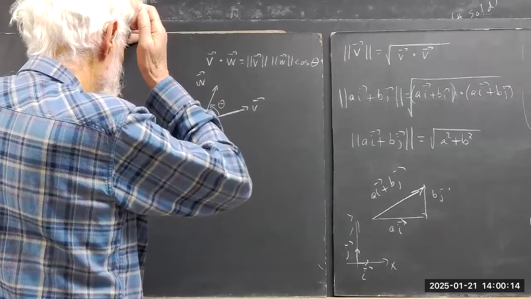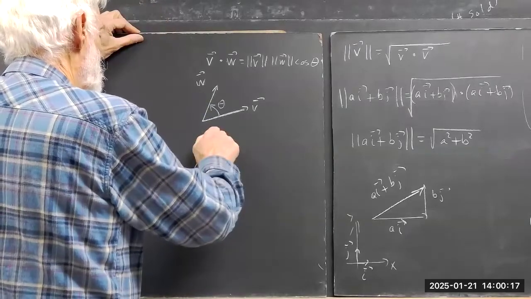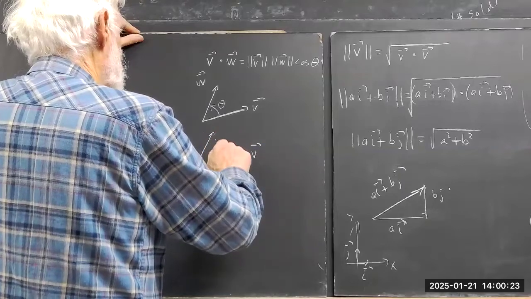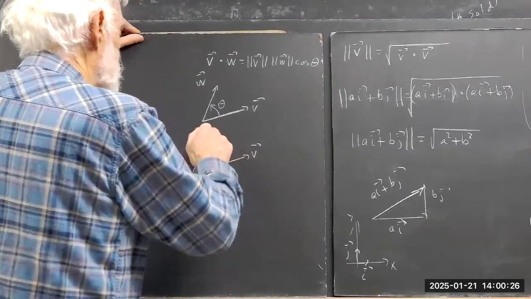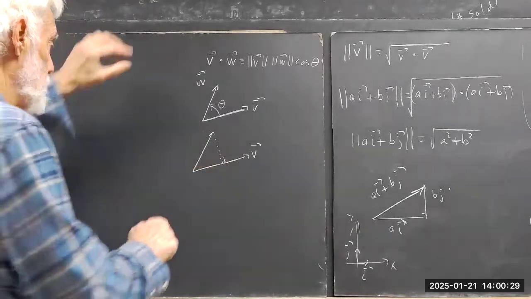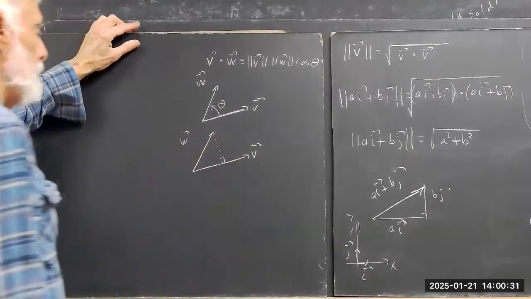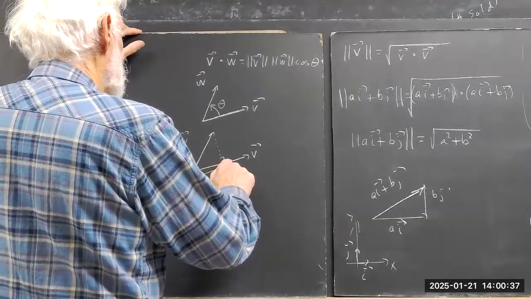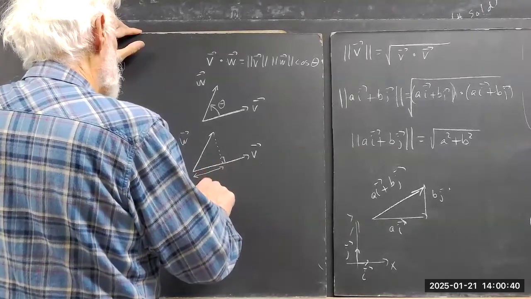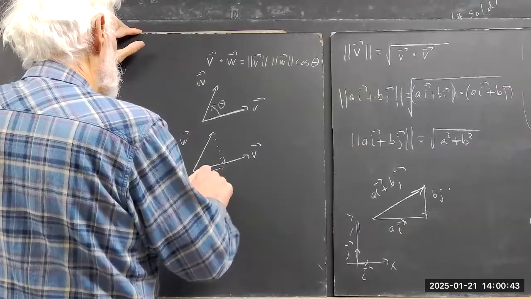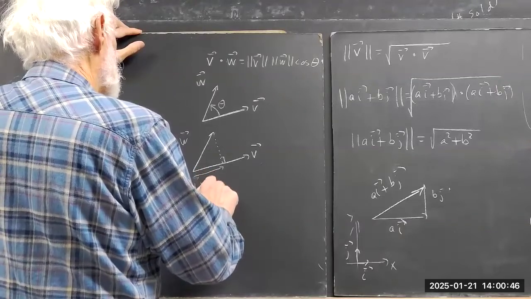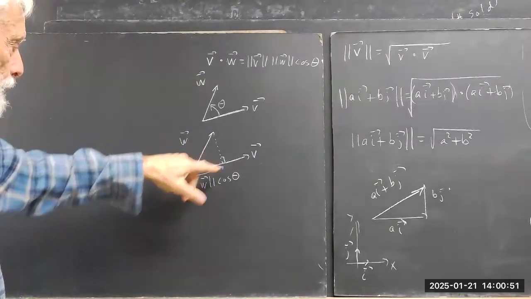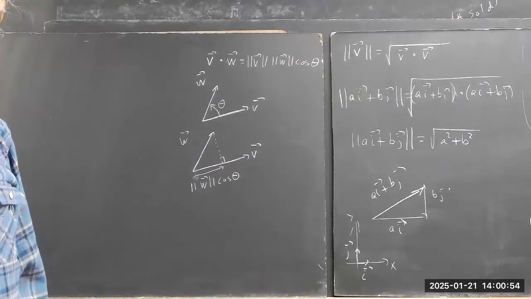Another part of the picture makes a little more sense out of it. It's called a projection line, and it makes a right angle with V. Here's W. This distance here, or this displacement, is the magnitude of W cosine theta, isn't it?